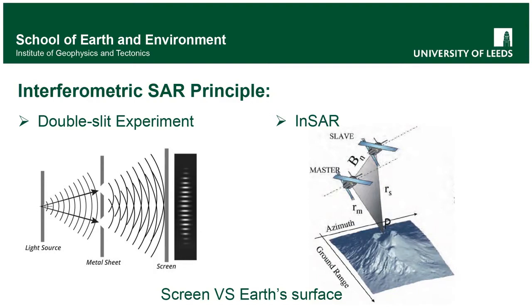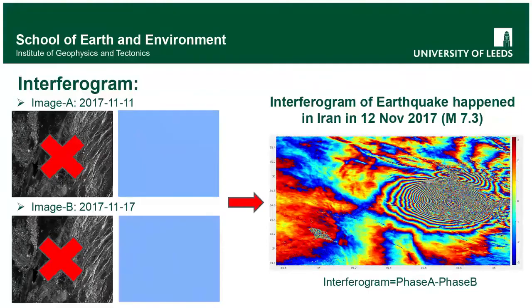First, the satellite acquired an image, and after a few days or a month, it acquired the second image. Then it combines the phase to generate the interferogram. We can see this case. The first InSAR image was acquired on 5 November 2000, and the second one after 6 days, and we drop the amplitude of the images and only use the phase to generate these interferograms.